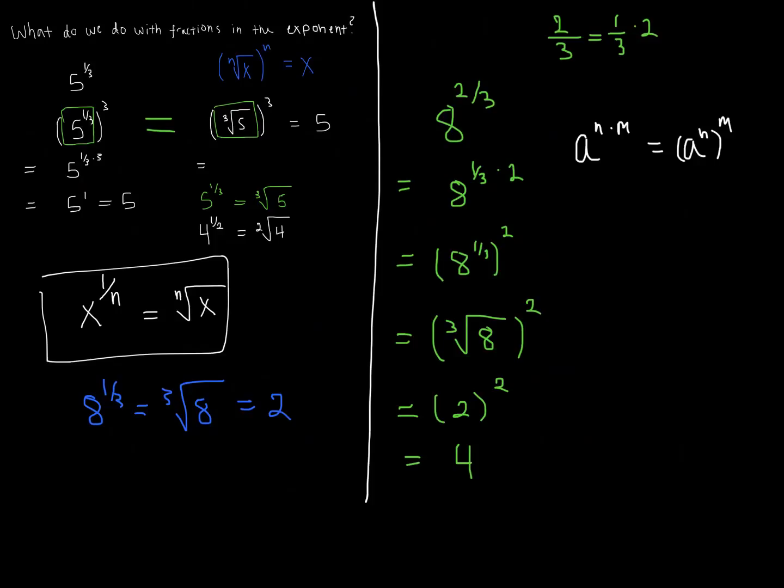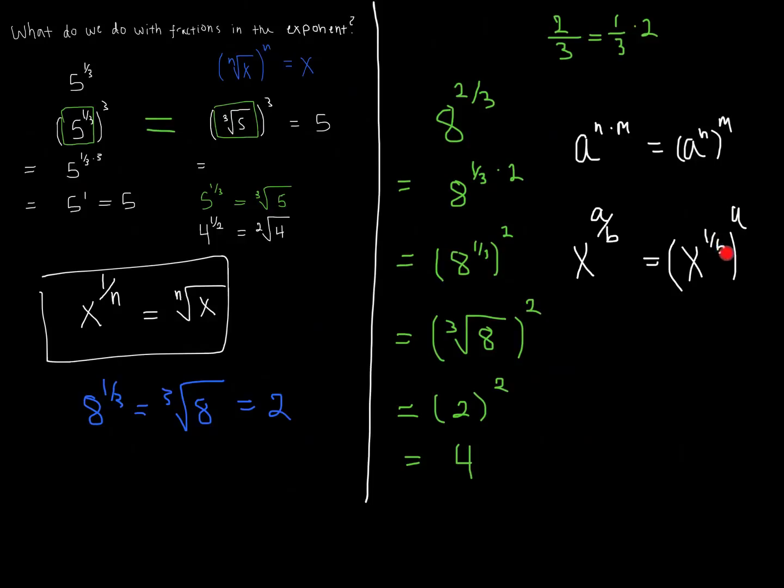And if I look back at this step over here and realize that I went from 8 to the 2/3 to 8 to the 1/3 times 2, this reminds me of another rule that we'll want to make sure we have written down, which is that if you have some number to the a over b power, some fraction, that's the same as taking that number to the 1 over b power and then raising all that to the power of a, right?